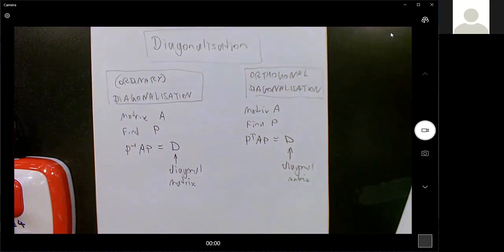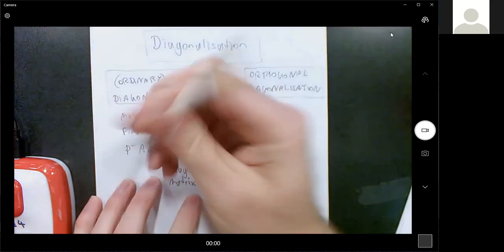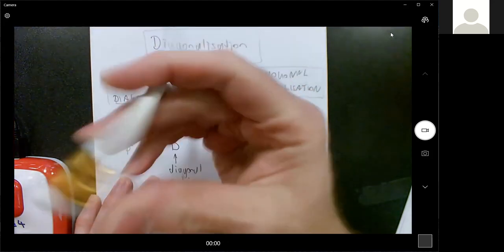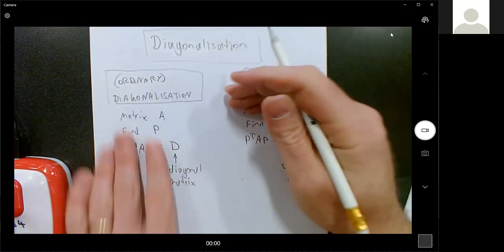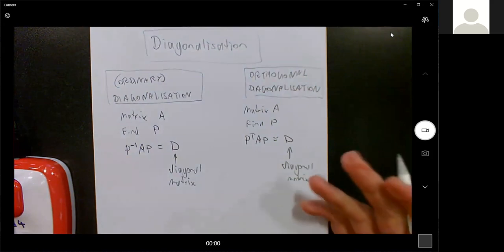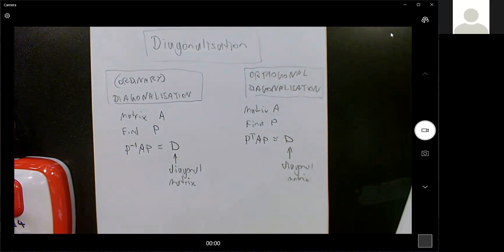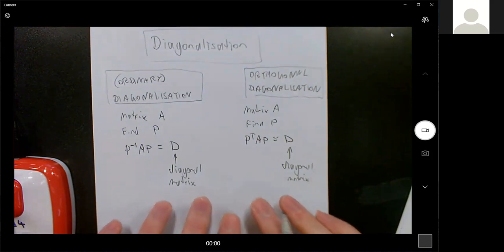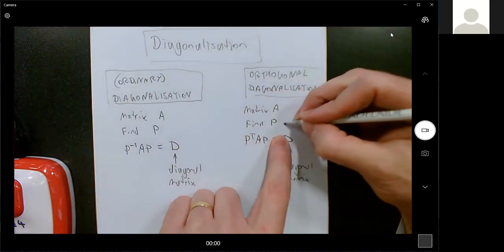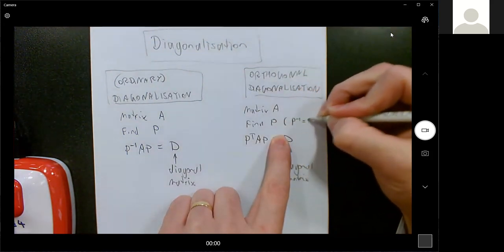Yep. If a matrix is orthogonal, isn't P inverse P transpose? It is. So let's just add some details. We're going to find P, and P inverse is the same as P transpose.